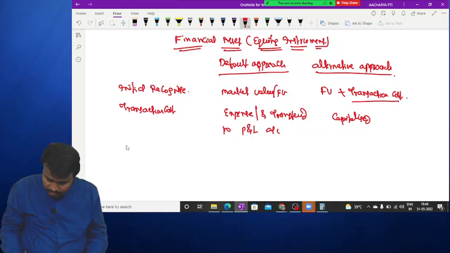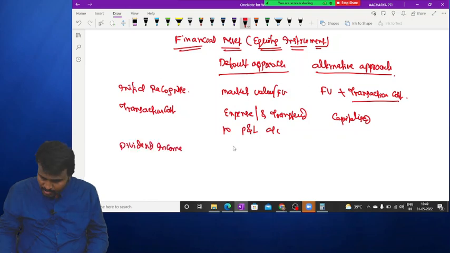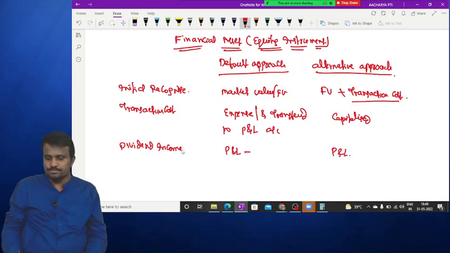Next, any dividend income is recognized in P&L, and here also recognized in P&L.